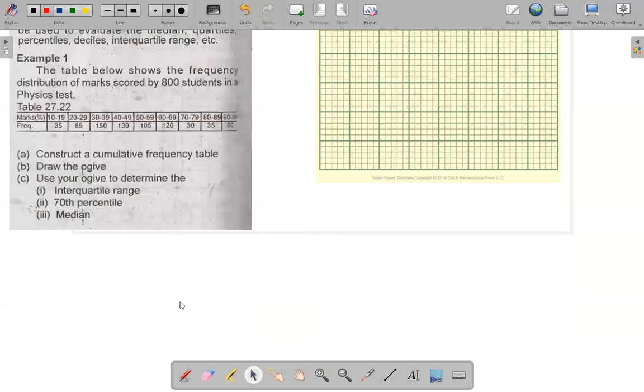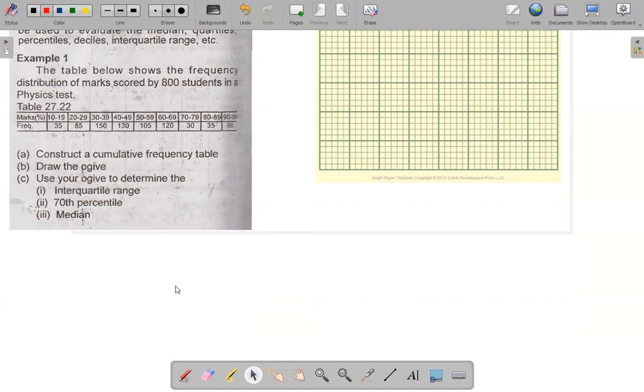Before we can do anything, we need to construct a table that will reflect all the things that we need. To plot the Ogive, we need only two items, the class boundaries and the cumulative frequency. So let's construct that table.